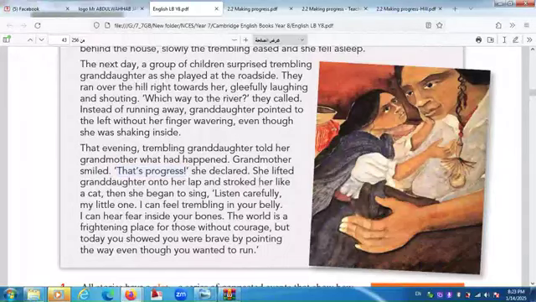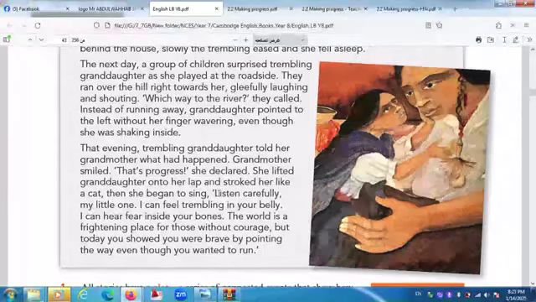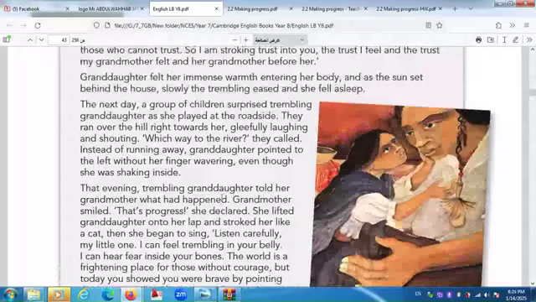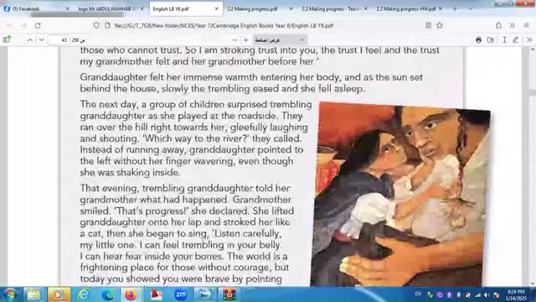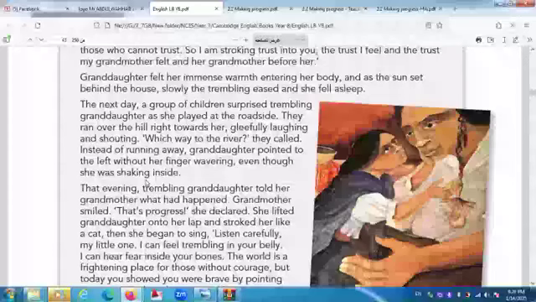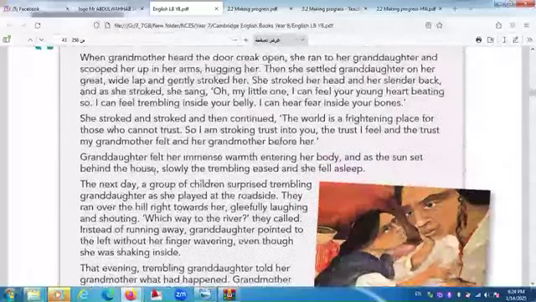And she continued to stroke her and to pass the song into her. Those magical words are passing from the grandmother into the granddaughter. So we have a character development. That's nice.